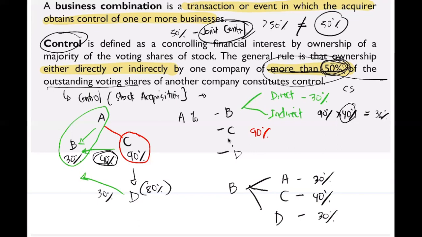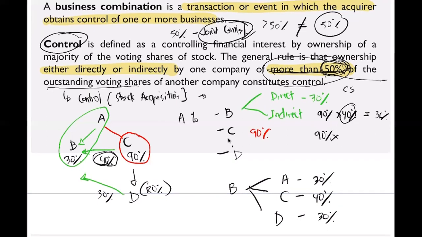Another indirect ownership is that we own 90% of C, and C owns D at 80%. A owns C at 90%, C owns D at 80%, and D owns B at 30%.